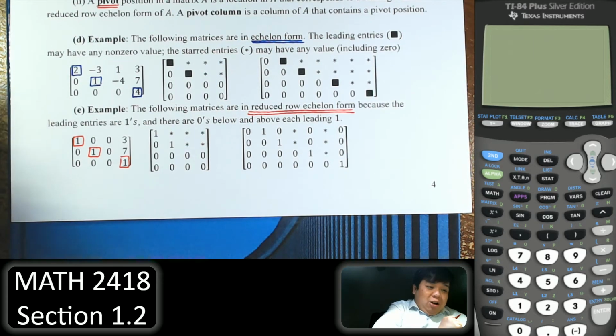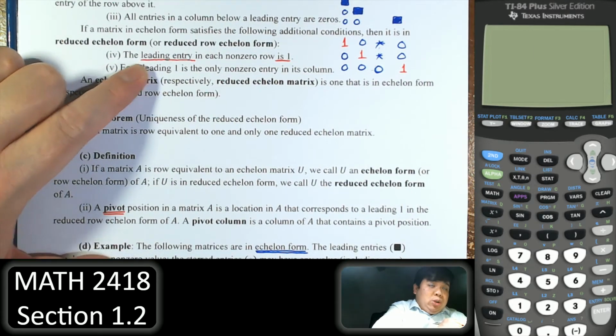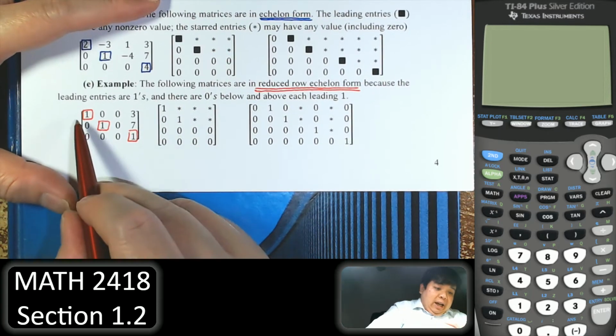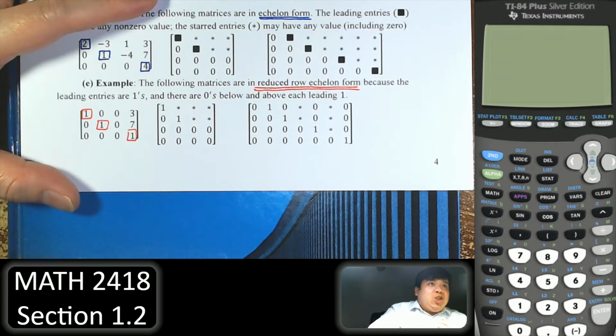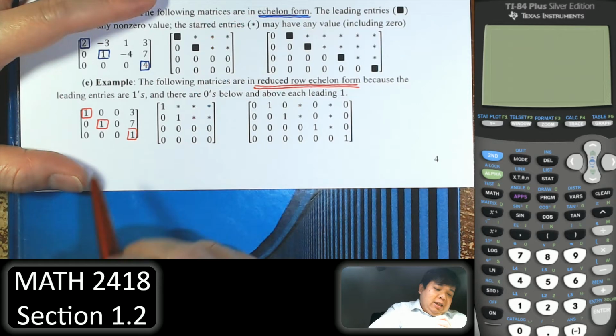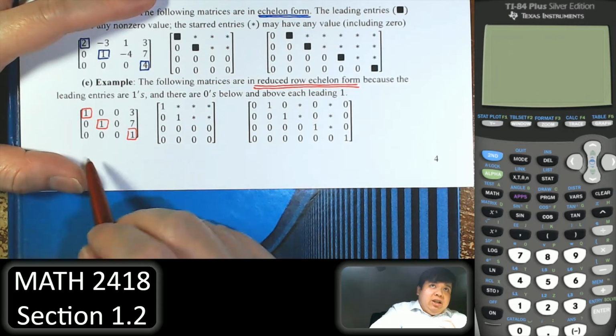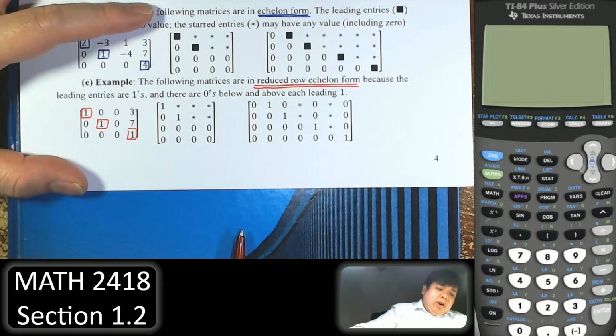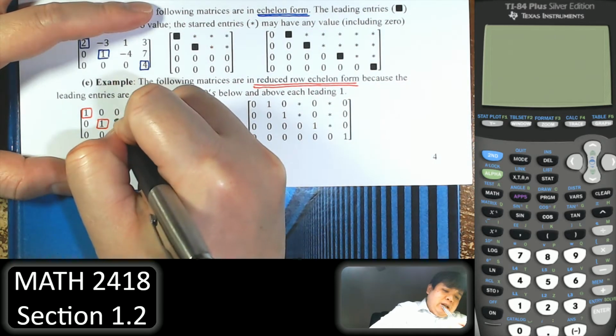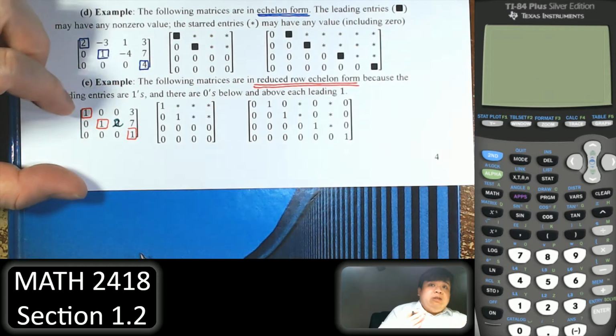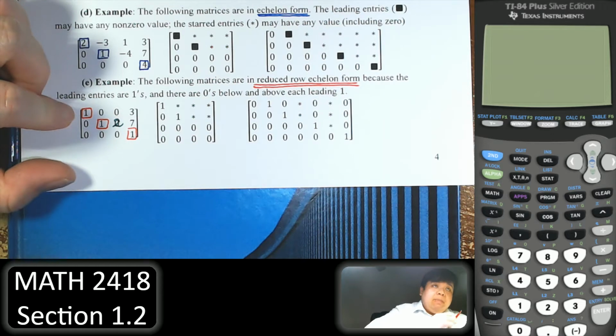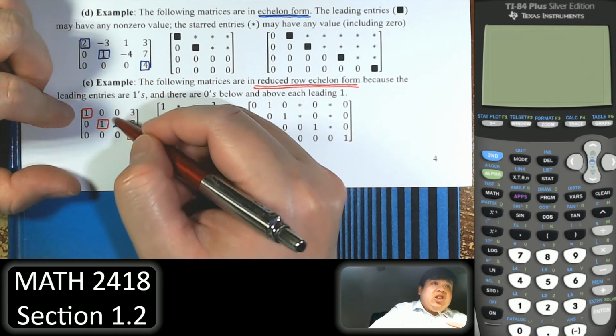So that is the criteria for reduced row echelon form, in addition to echelon formation. So that's good, and so this is in reduced row echelon form. Even if there's a 2 here, it is perfectly fine, because it is not a pivot column.